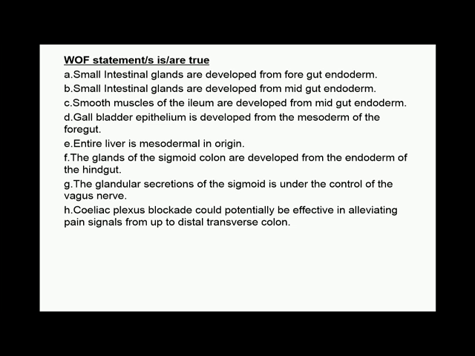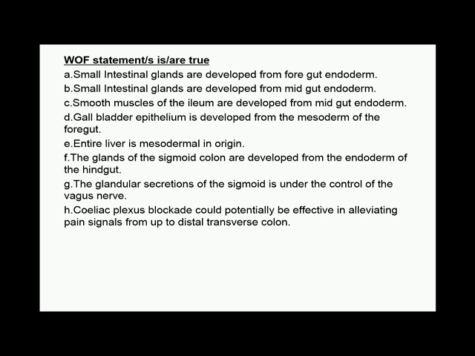Smooth muscles are not; they are developed from the mesoderm. Gallbladder epithelium is developed from the mesoderm of the foregut. Gallbladder epithelium is endoderm, the endoderm of the foregut, not the mesoderm. But the gallbladder musculature and connective tissue are from the visceral mesoderm.